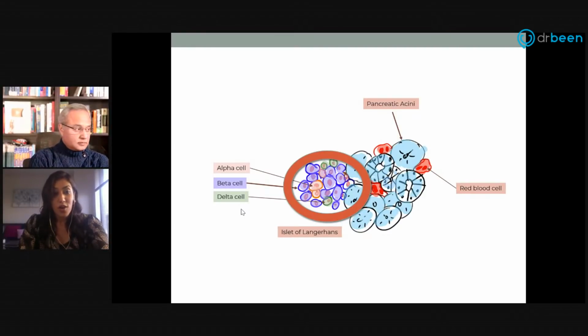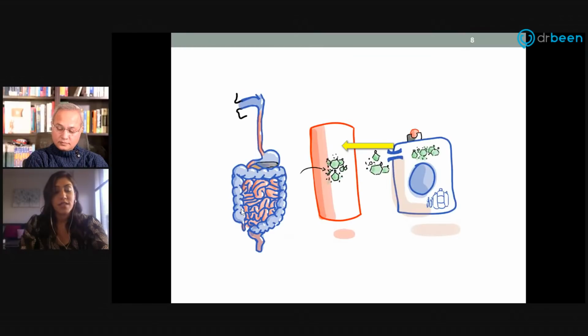So let's start with the function of beta cells. Okay, so we're going to move to the next slide. So beta cells are going to be sensing the glucose in the bloodstream, right? So this is, again, another reference from the last lecture that we had, showing that once we have the carb metabolism occur, where we have the complex carbs broken out into simple carbs, they're then taken up into the bloodstream, and then they reach the pancreas.